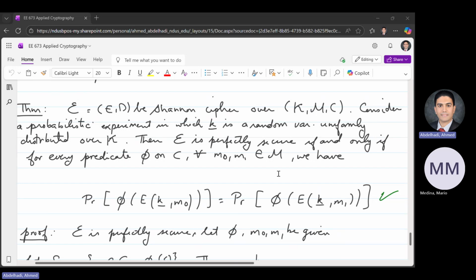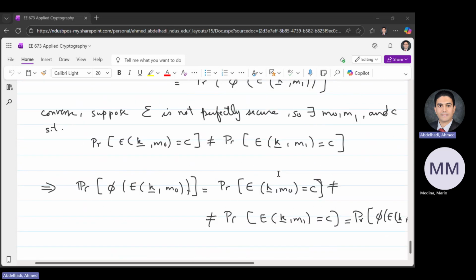So the predicate is a function that you apply to the encrypted message and it gives you some information. If it does not give you anything, then this is secure. So E is perfectly secure if and only if, for the predicate, and M0 and M1 belonging to M, the probabilities are exactly equal. If they are exactly equal, then we say that it is perfectly secure.